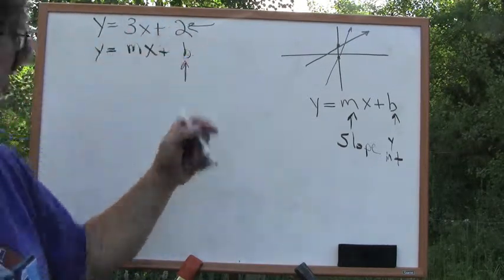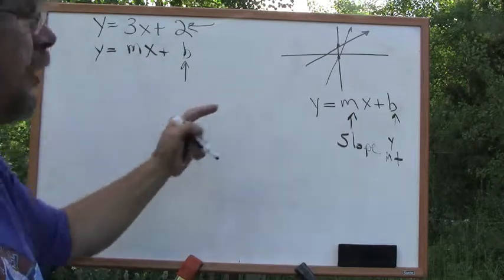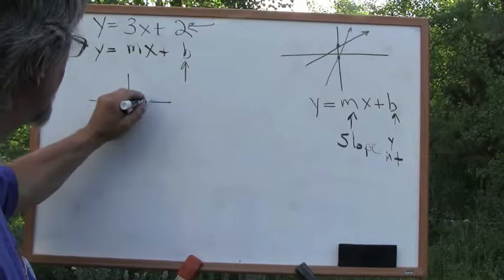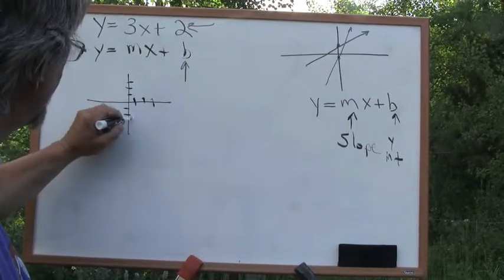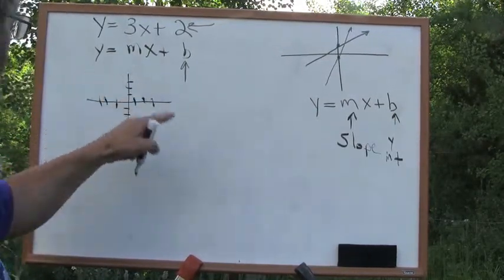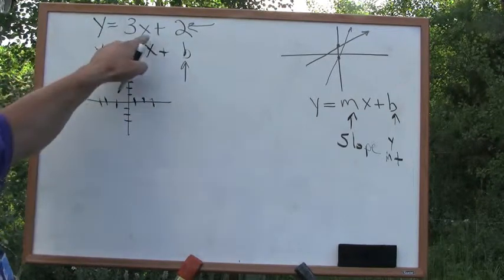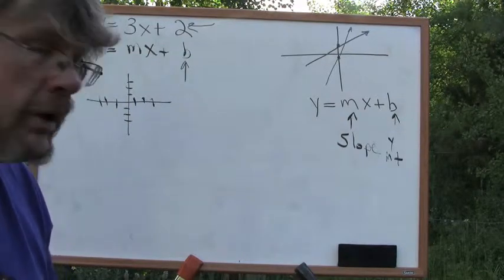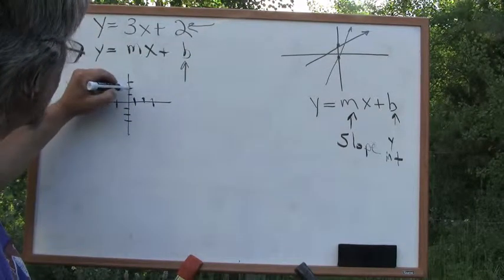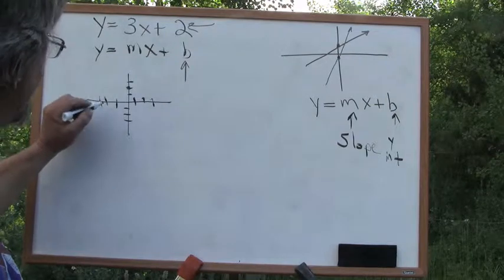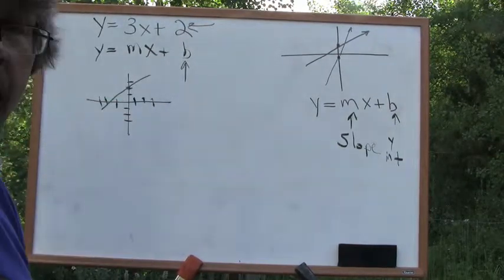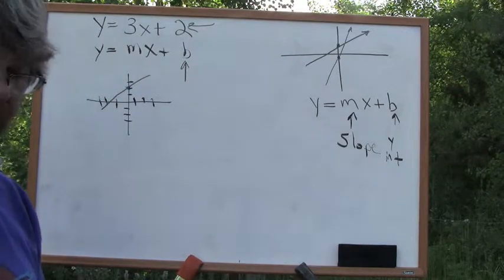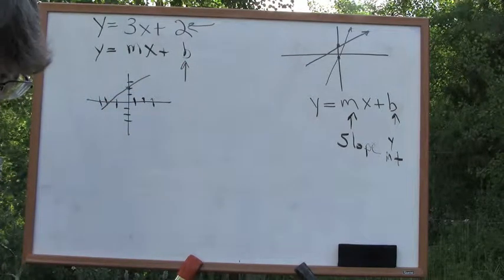So in this graph, whatever the graph is, we know that 3x plus 2 at the point of 2, right here on the y-axis, we're going to have the line going through that. That's what the y-intercept says. That's where that line is going to cross.